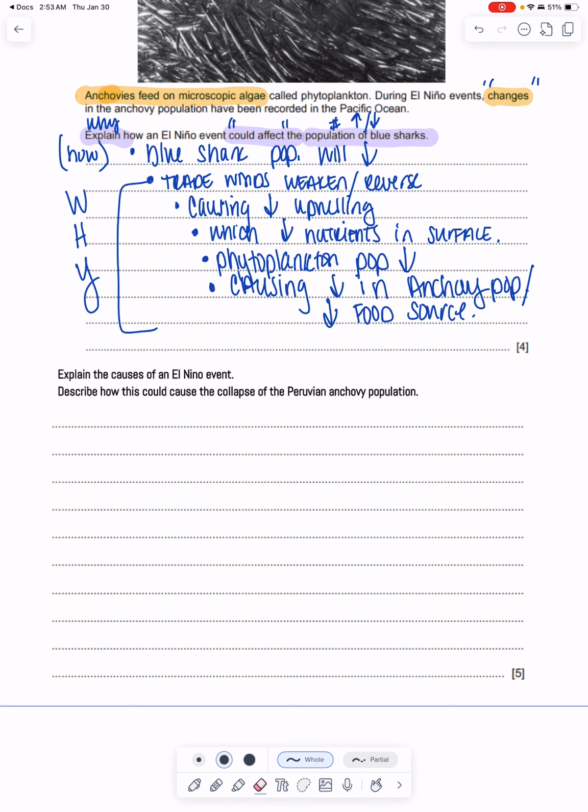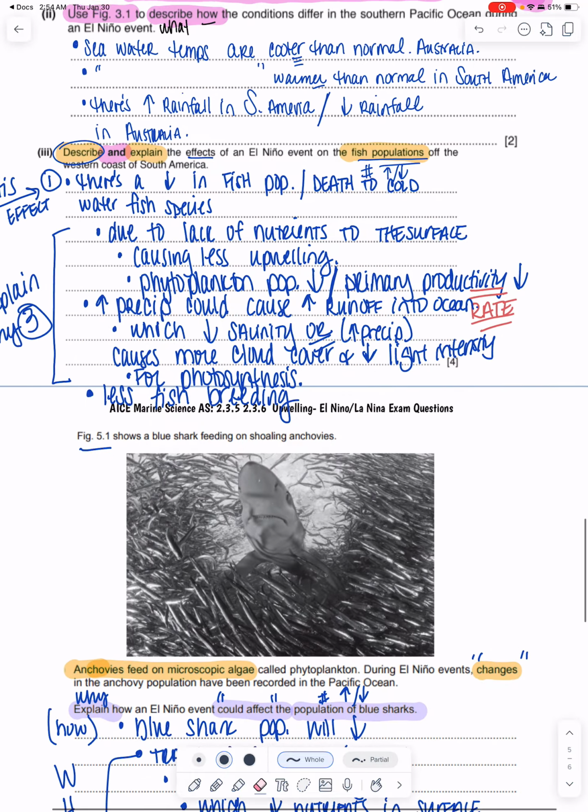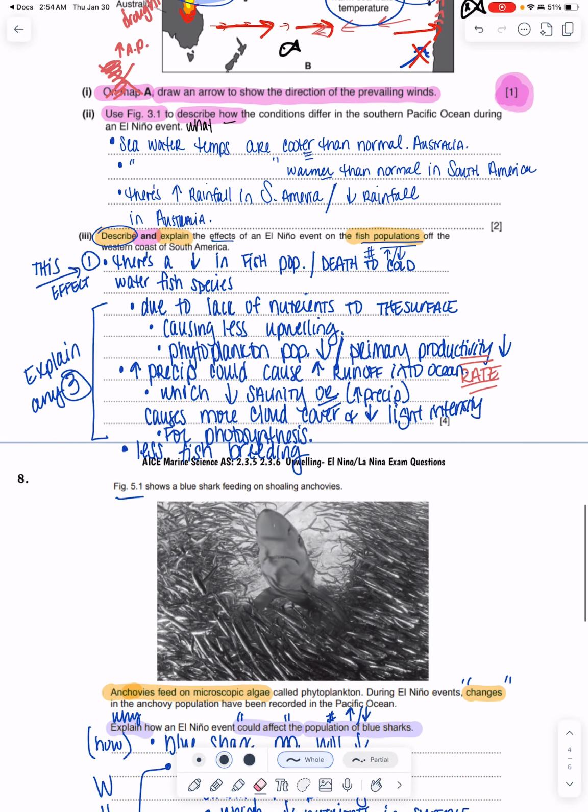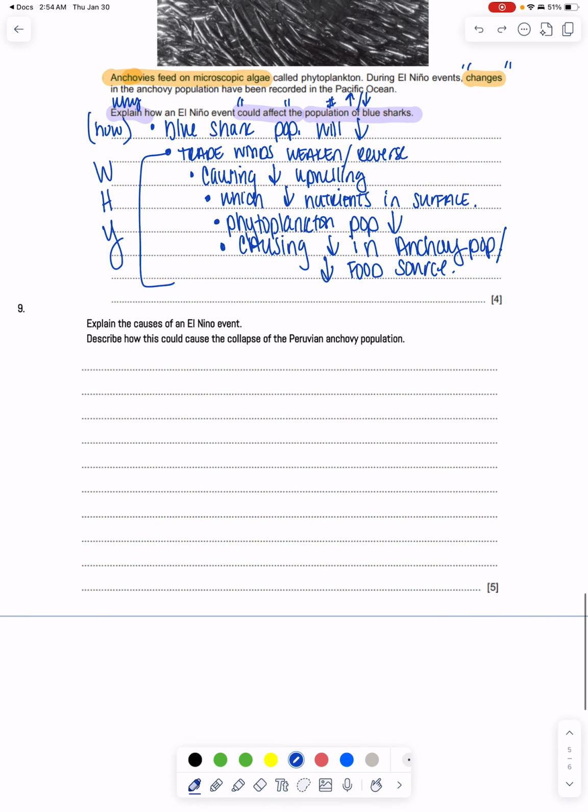This question stopped at the anchovies. Here they also brought in what we talked about with the precipitation altering the salinity. And it said, how could that affect fish populations? This question's very similar. It's not just fish, it's specific to anchovies. It's not going to change what's actually happening. So we could, again, talk about warm, moist air or warm air is going to evaporate and rise.